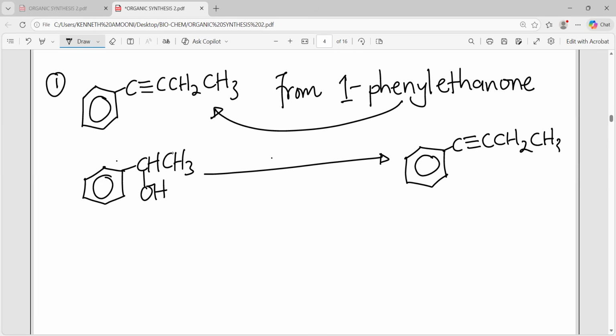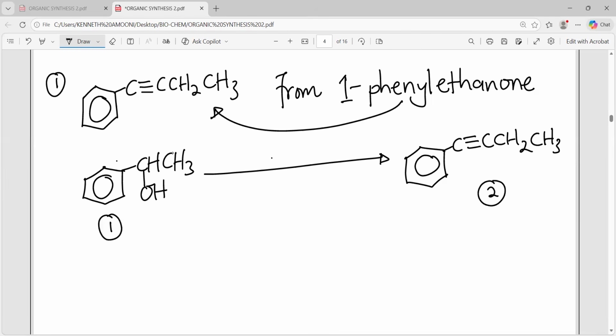Now, by mere looking at those two compounds, you're going to realize that there is a difference between them. First and foremost, this other compound has very many carbon atoms. The carbon atoms in compound 2 are more than the carbon atoms in compound 1.